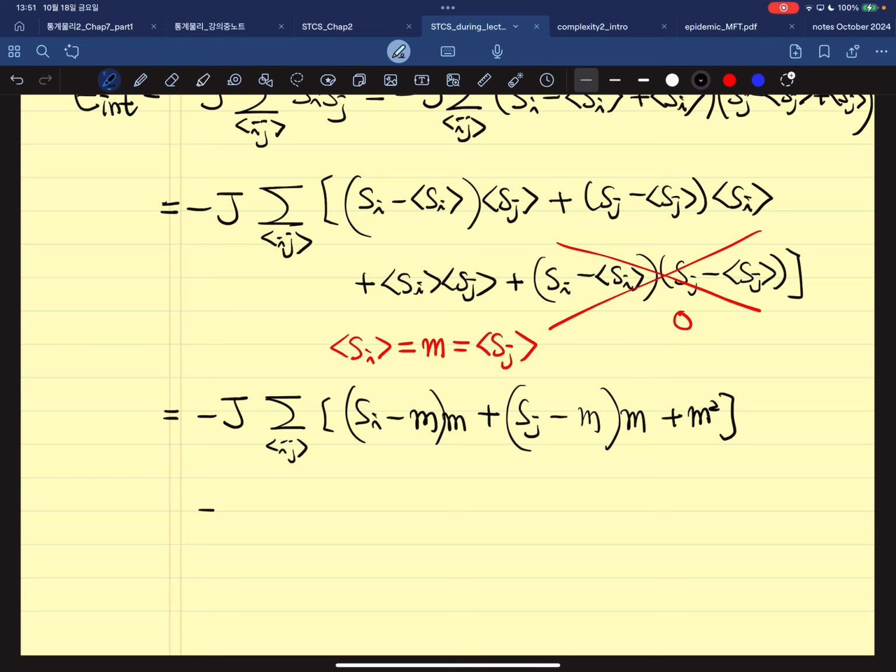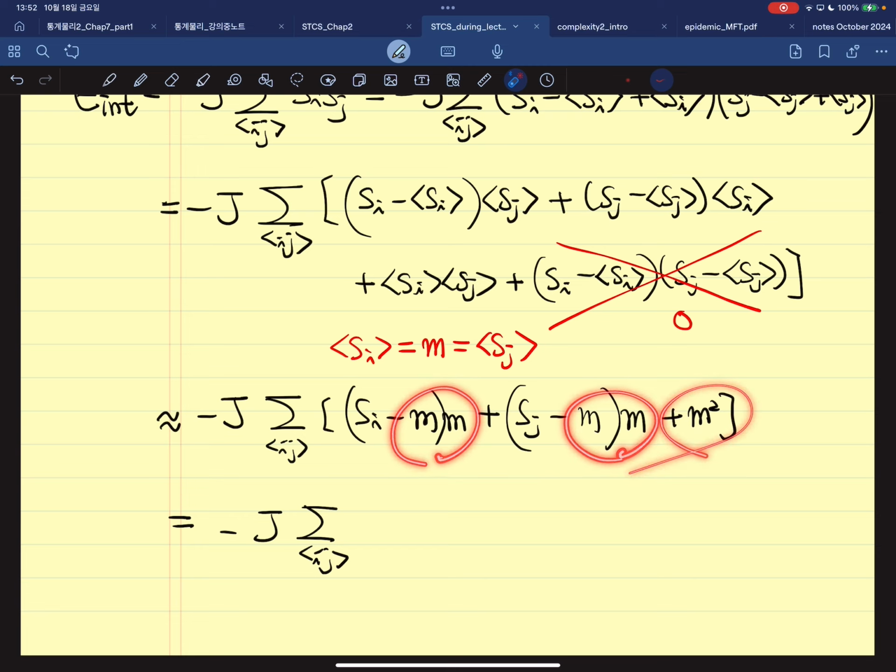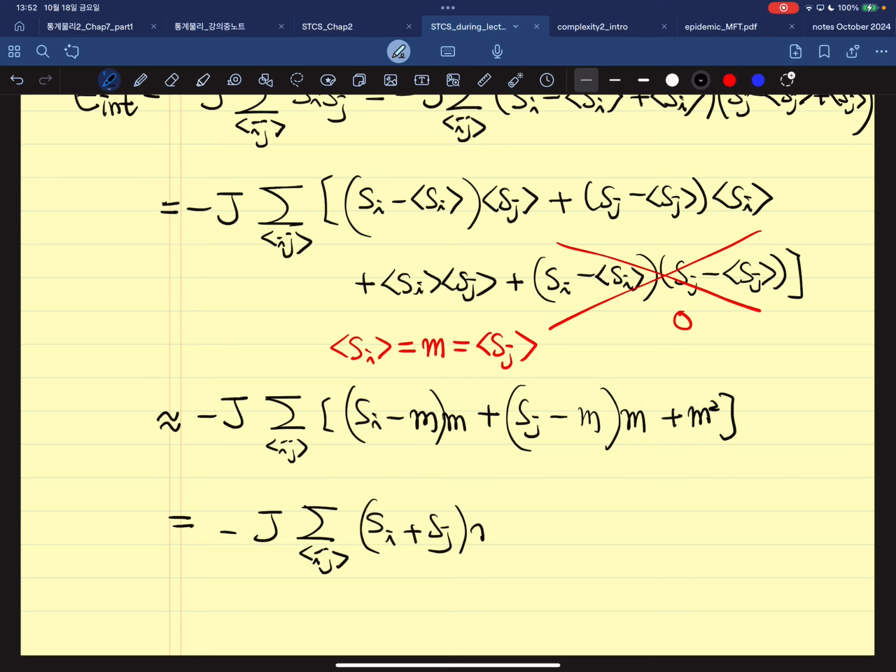Of course here we should use approximation, because at this point we ignore the second order fluctuation. So this one, J, and this minus m squared, and minus m squared, and plus m squared, so it's Si plus Sj times m minus m squared here.